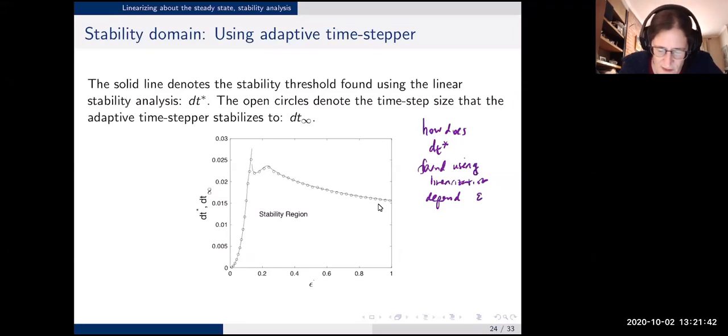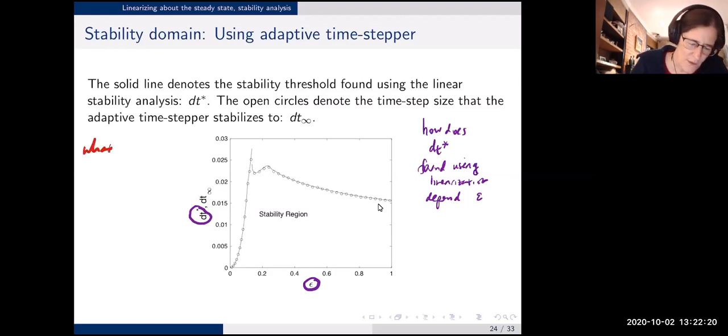So here I've got this perturbation parameter, and the purple line is dt star, which is the thing I get using the linearization and computing all of the eigenvalues, finding the eigenvalue of maximum magnitude, increasing dt until I get one of those branches crossing the unit circle. But separately, what if I just use the adaptive time stepper?